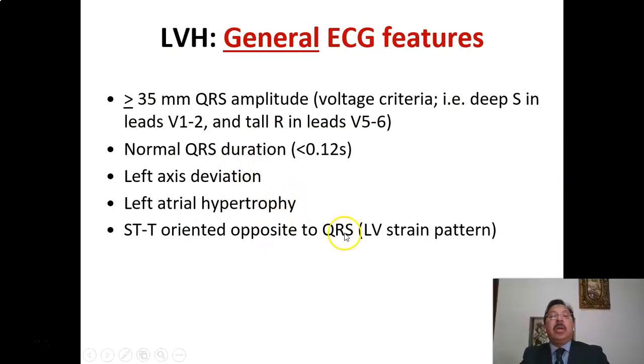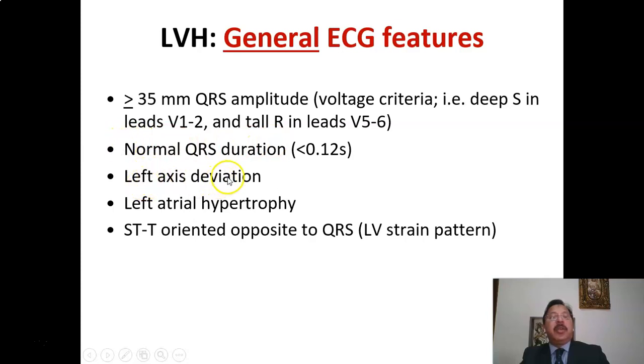So for left ventricular hypertrophy, the ECG findings include 35 or more mm QRS amplitude if we combine V1 or V2 plus V5 or V6. Normal QRS duration, this is extremely important.